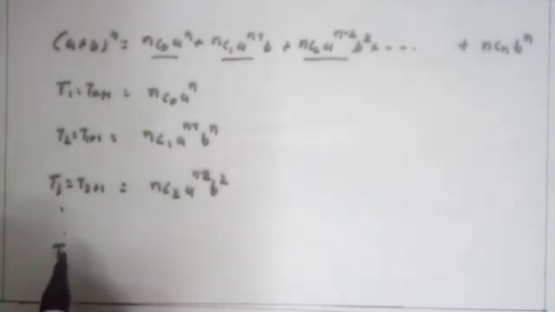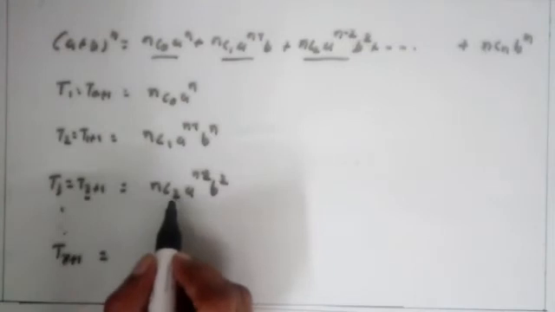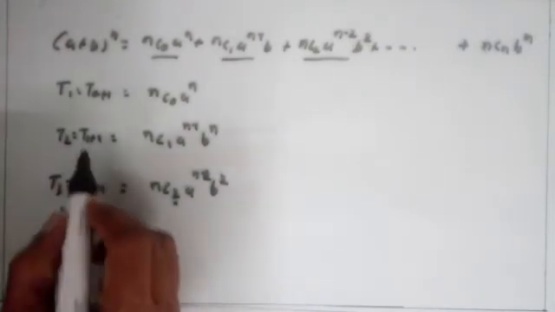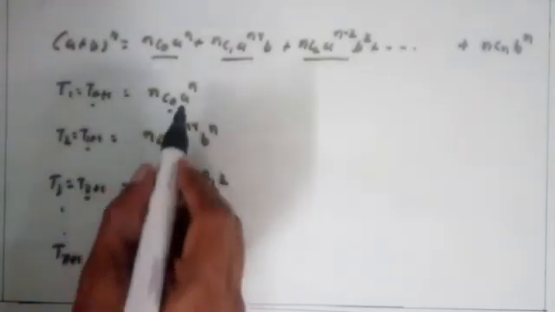proceeding in this manner, for successive terms we get the (r+1)th term. Here r is equal to 2, here r is equal to 1, here r is equal to 0.